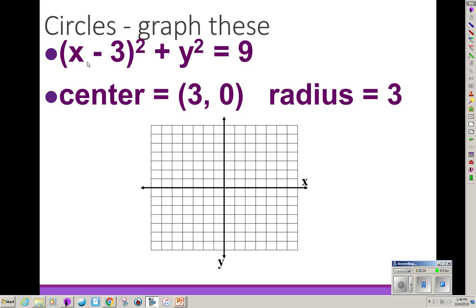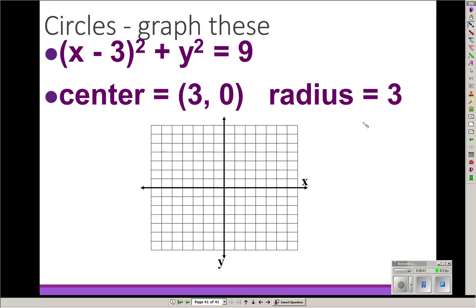So here, x minus 3 gives you a positive 3 for the x coordinate. y squared gives you a 0 for the y coordinate. And the square root of 9 gives you a radius of 3. So we'll plot the center point at 3, 0.